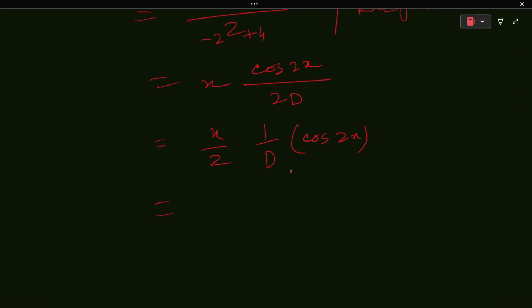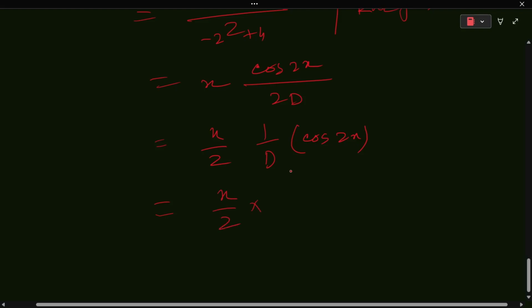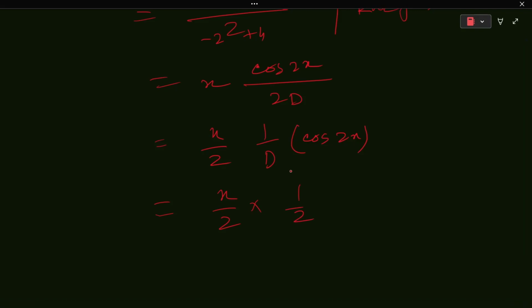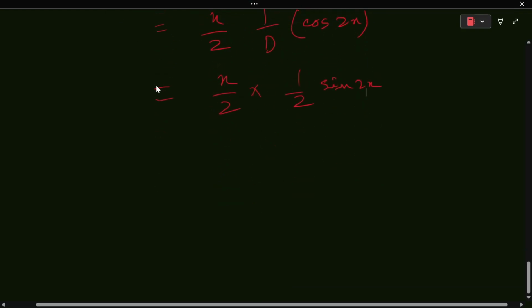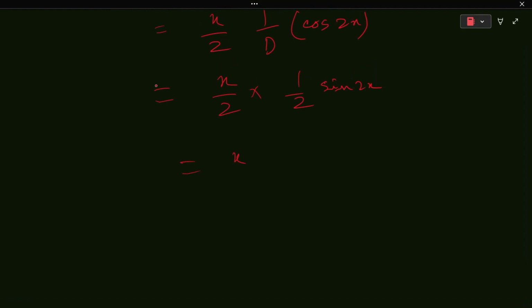So 1 by D cos 2x is what? Integration of cos mx is sin mx by m. So 1 by 2 sin 2x. Yes, so D is eliminated. So the particular integral part will be x by 4 sin 2x.